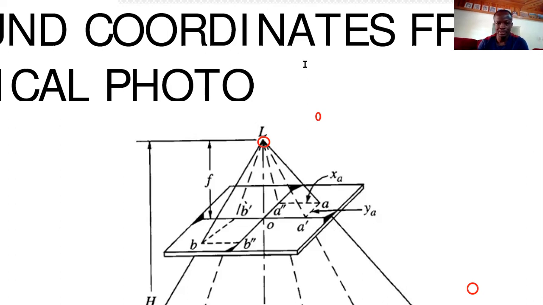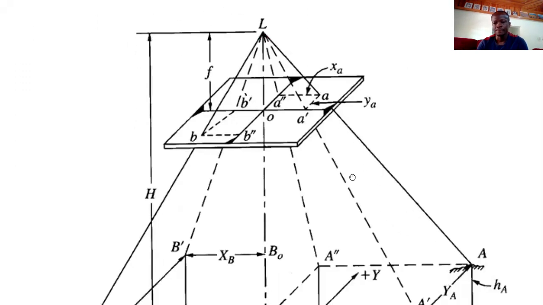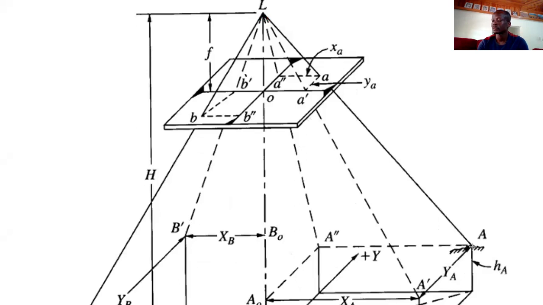Okay, so let me clean this. This point A is only saying that, let's assume we have one point on the ground, it should be captured as point A. Okay, so we are going to end this session and we'll rejoin with the same link.